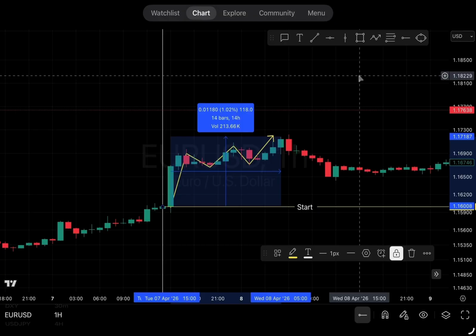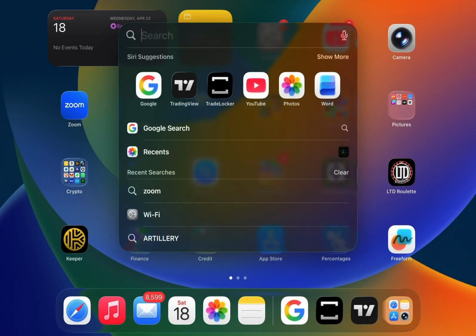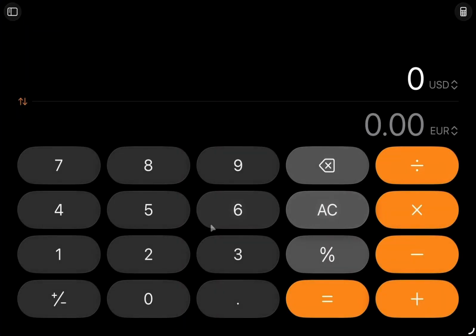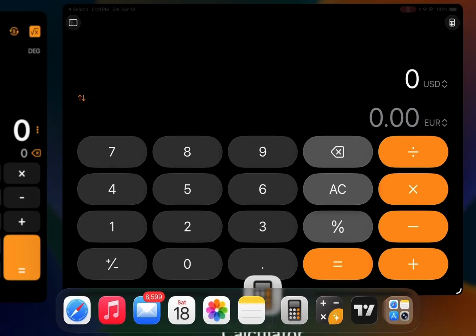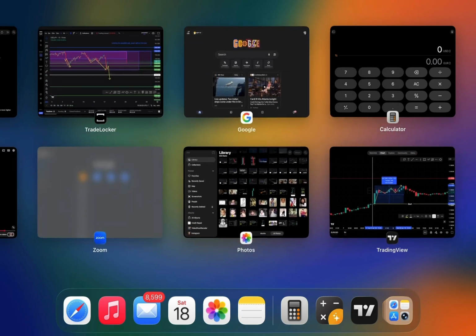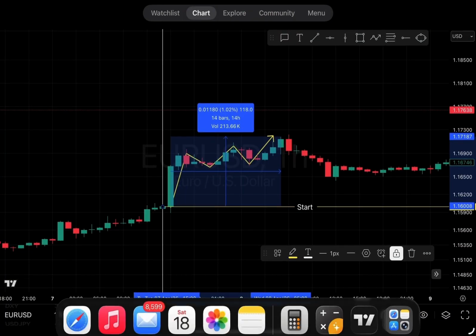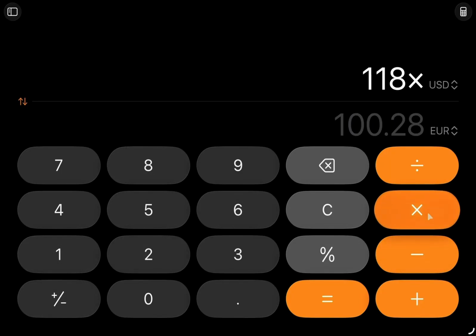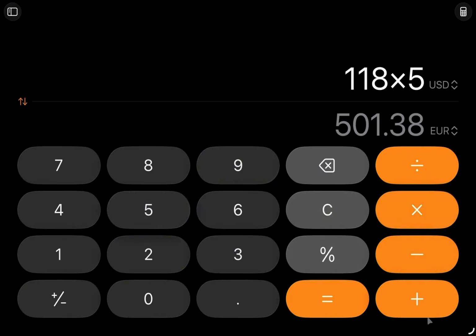Let's suppose that we're gonna pull up our calculator really quick. So we said how many pips? 118. So if you put 118 times $5 per pip, then on this trade we would have made $590 USD.